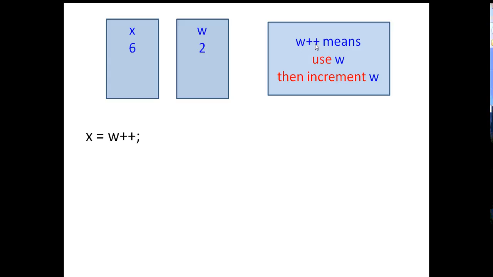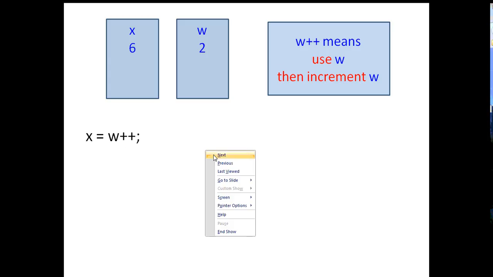or see a variable and increment operator together in a calculation or an assignment, which this is an assignment, then you use the w first and then you increment the w, because that's the order in which it shows. W is first, so you use it, then you increment it.